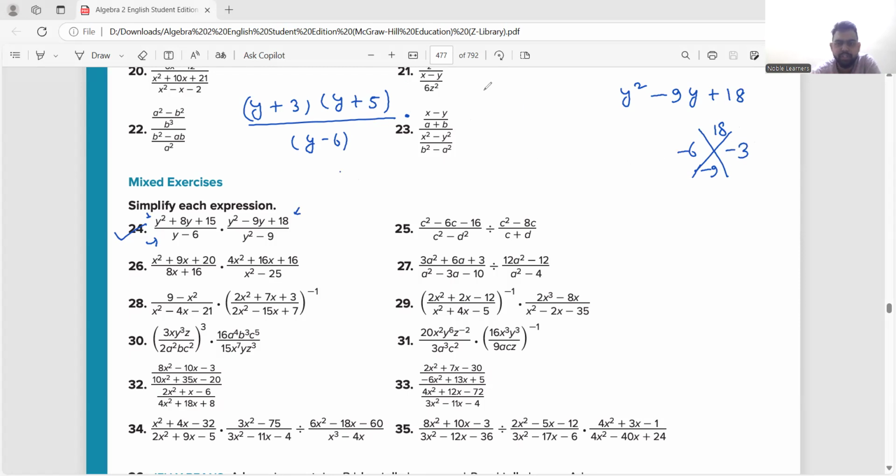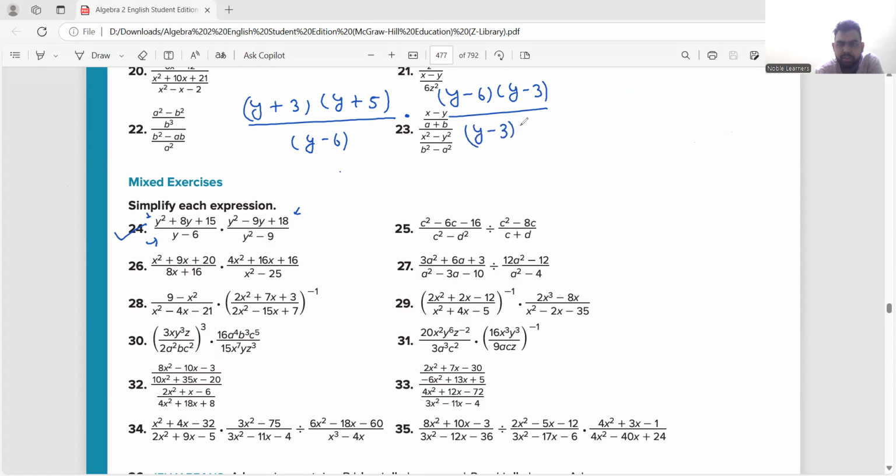Can we use the trick? Can we factor the denominator? Yeah. y minus 3, y plus 3. What could we cancel out?